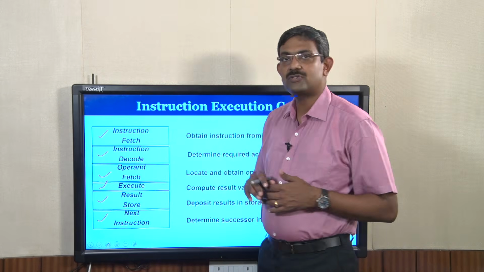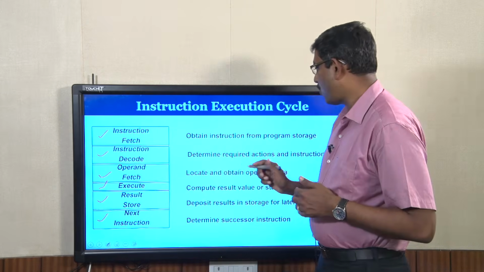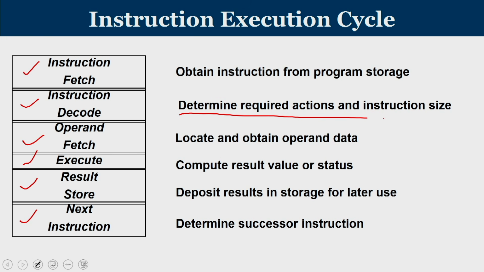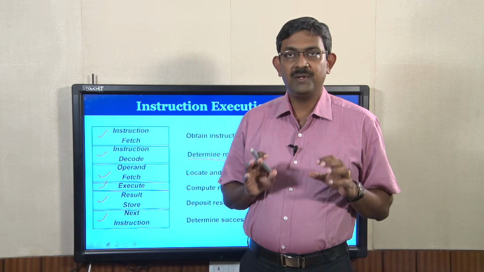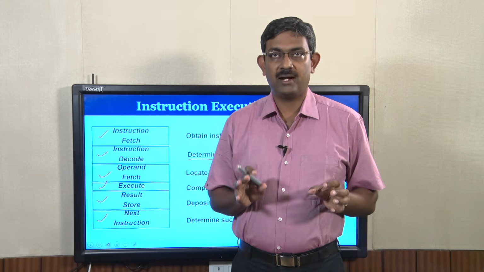The next step is called instruction decode. Once the instruction is brought into the processor, the processor has to understand what this instruction is. So, an instruction basically consists of two components. The first component is called the opcode with respect to an instruction, which means what is the operation to be done.